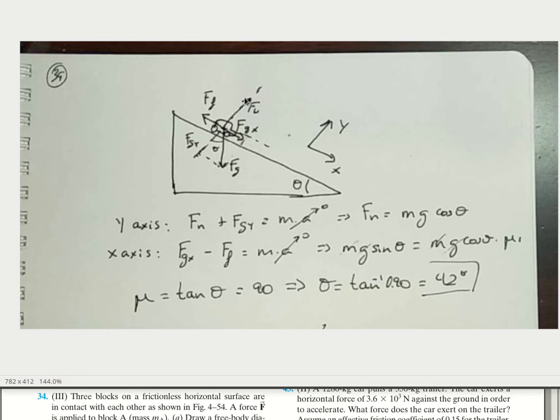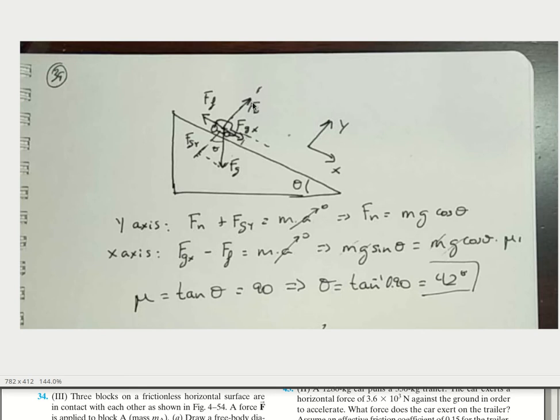So again, you first make a sketch, a free body diagram, draw the axis, decide the resultant of the vectors, and apply the second law of Newton in the y-axis and the x-axis. So this is the y-axis.